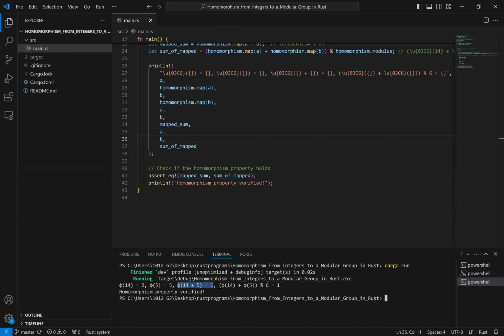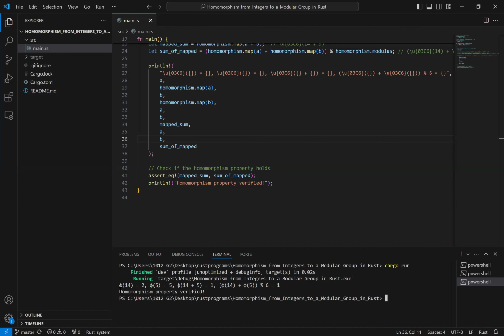What about the right-hand side? The right-hand side, we had a 2 and we had a 5. Sum them together, that is what is happening here. 2 and 5, sum them together, you get 7. Then now divide that result by 6. The remainder is 1. So it checked for us the left-hand side, then checked for us the right-hand side, and then it can see that the two are equal.